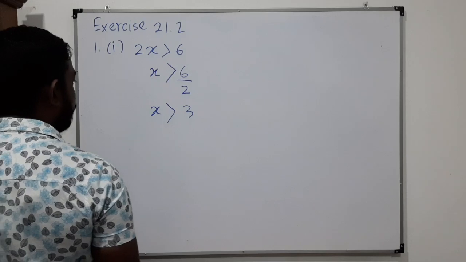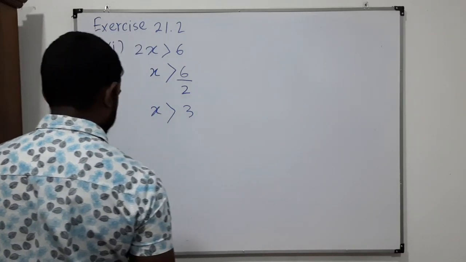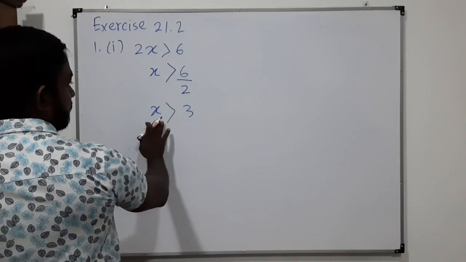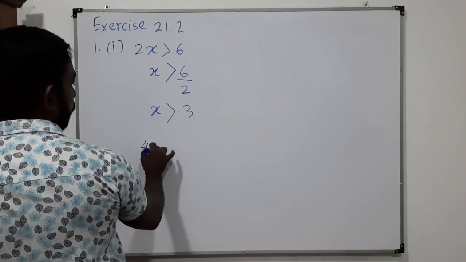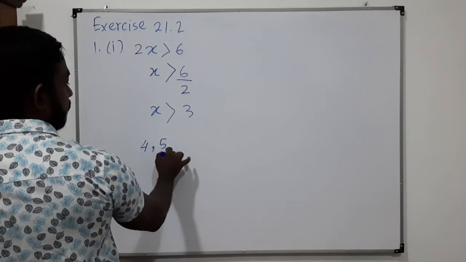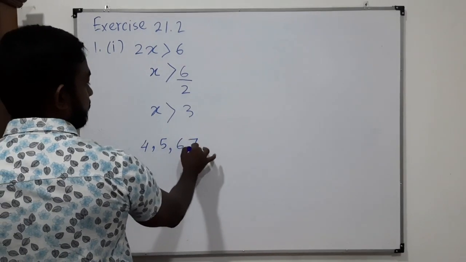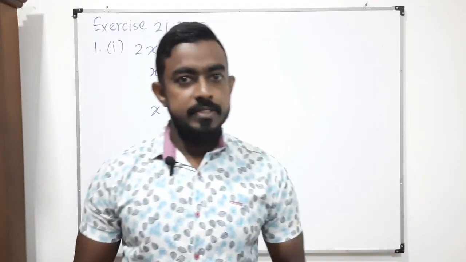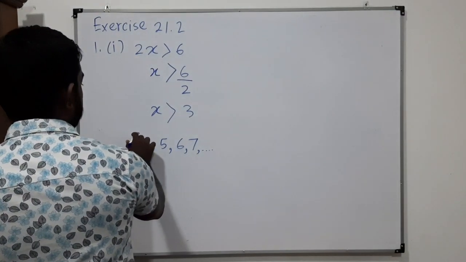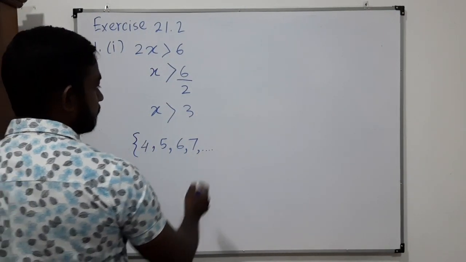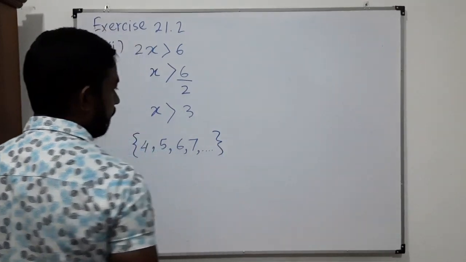So the integral values are, x is greater than 3 means 4, 5, 6, 7. So it is easy, as you can see, but if they have asked us to write the set of integral values, then we have to put double brackets.